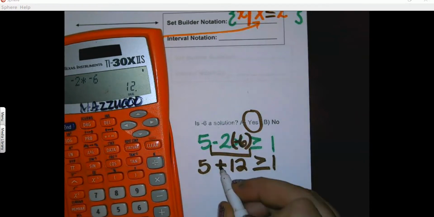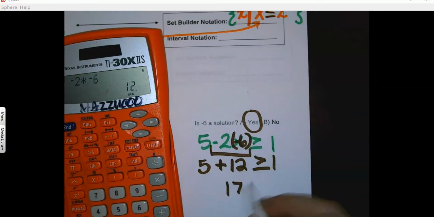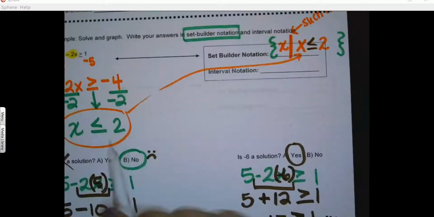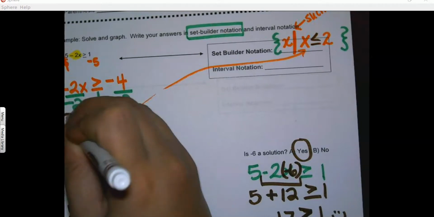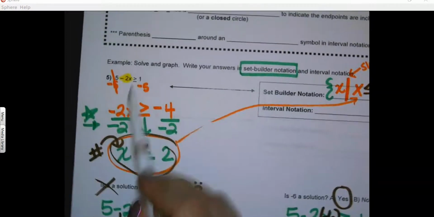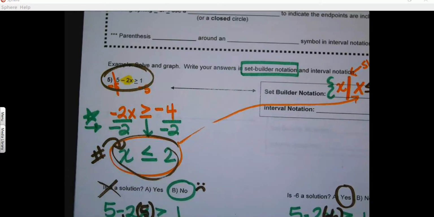And then 5 plus 12 is 17. And this works. 17 is greater than or equal to 1. So that's what this answer is telling us. It's telling us what numbers could be plugged in for x into this original problem here. Okay, so that is how to solve inequalities.